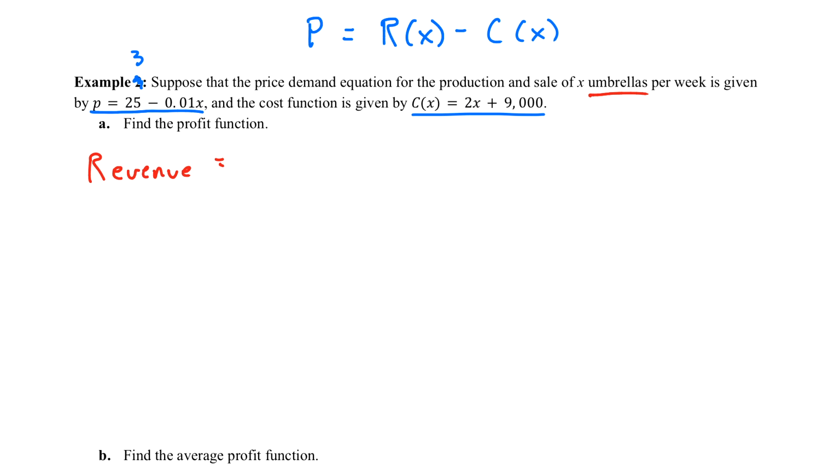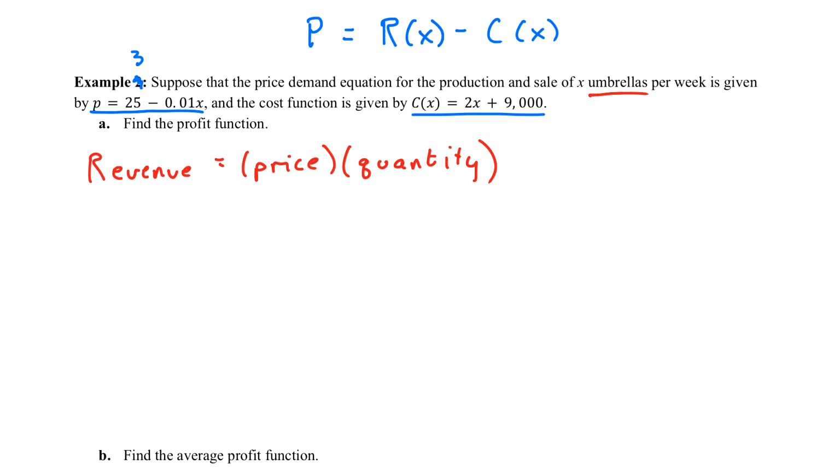So revenue depends on two things. It depends on the price that you're selling the thing at. So, okay, this thing costs $5. And then it depends on the quantity, how many of the things you sell.